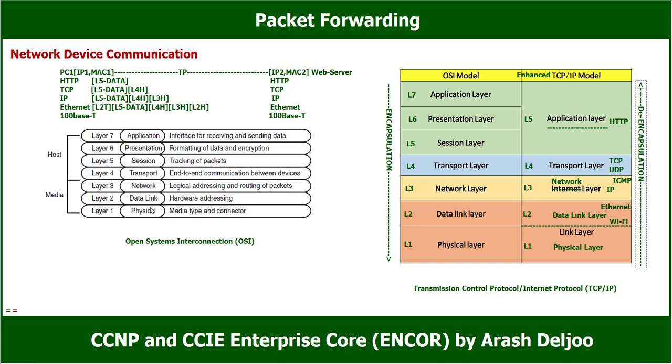You know that layer 1, layer 2, and layer 3 are related to the media, and layer 4, layer 5, layer 6, and layer 7 are related to the host, because you know that application and also transport functionality are occurring in the host.